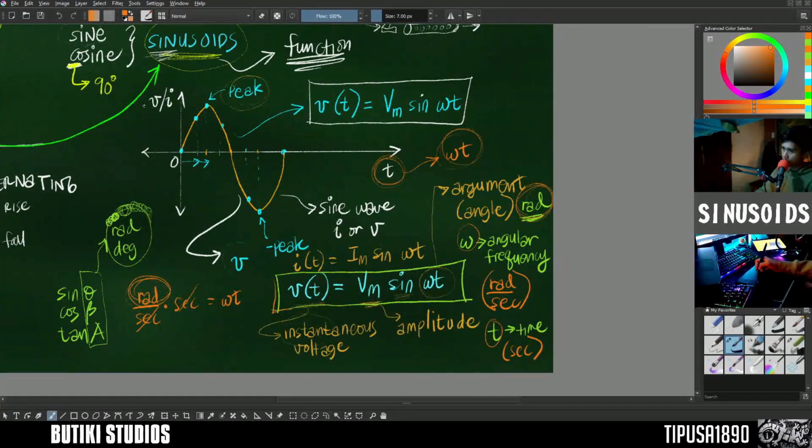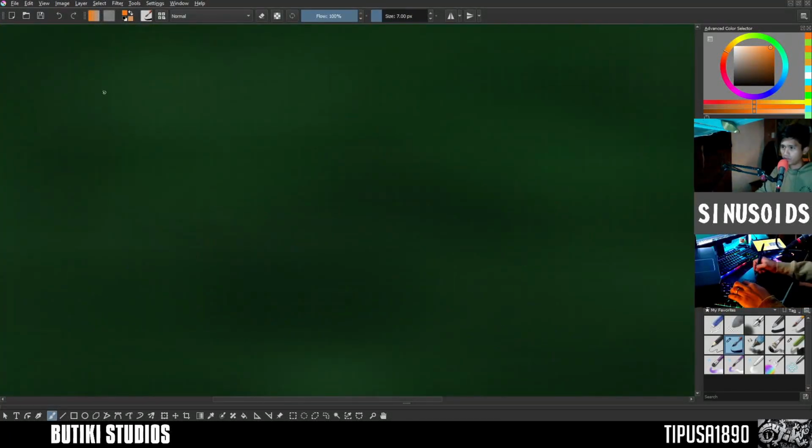Next is atong i-compare ang graph when nagsalig sa time o nagsalig sa omega t. Okay, so we will make a quick comparison. Ako lang ang drawingon.